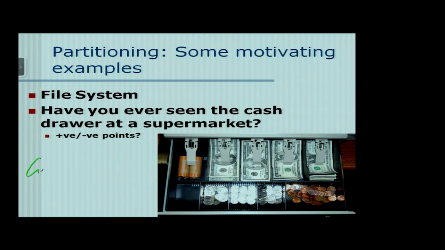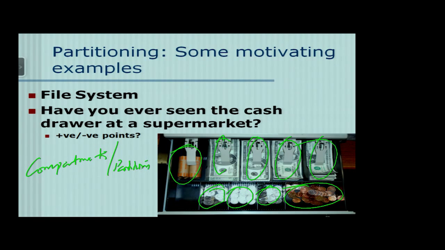So there is something called compartments, or I call them partitions, and these are for coins of different denominations, and these are different denominations of currency notes, and these are like a collection of coins, one packet of coins.